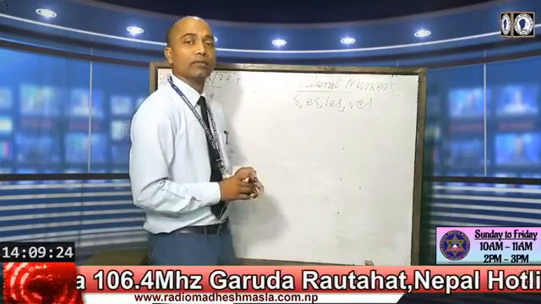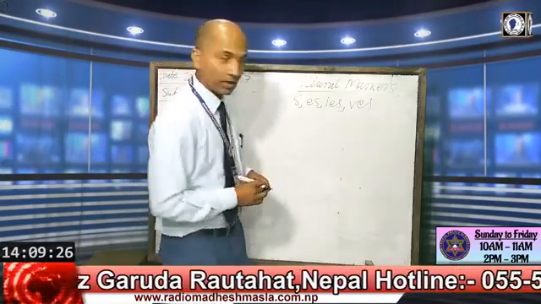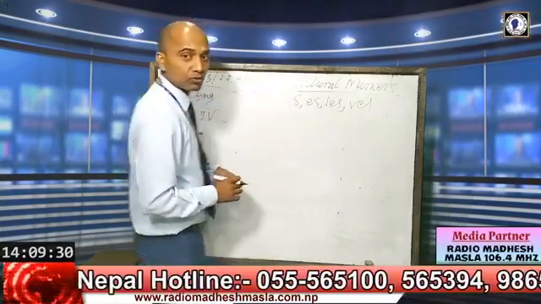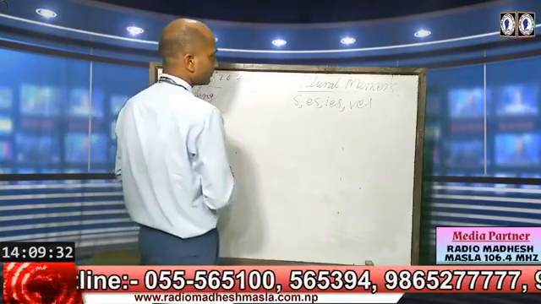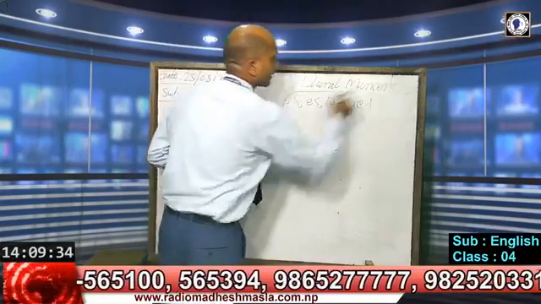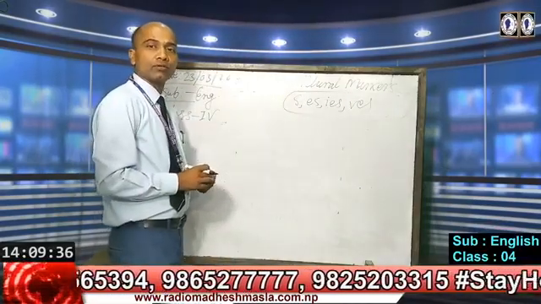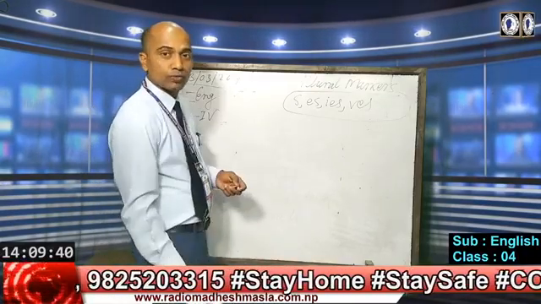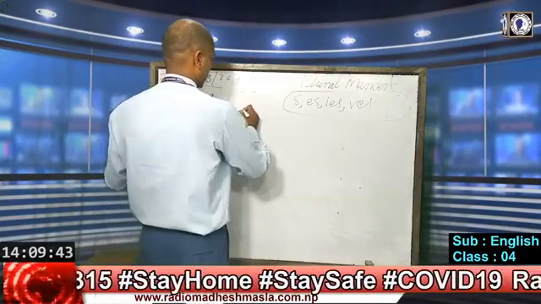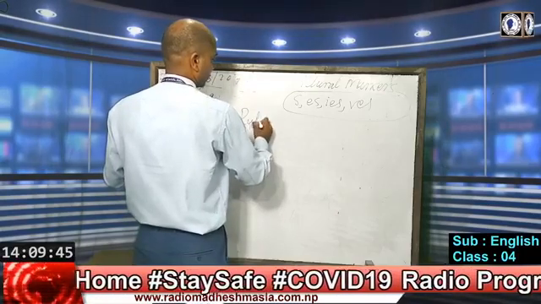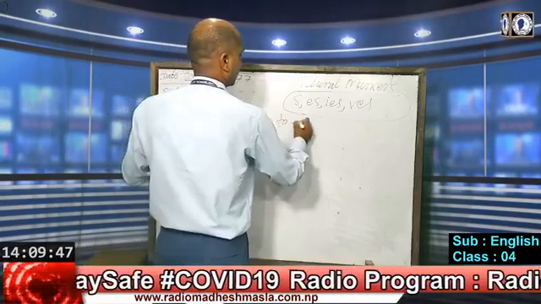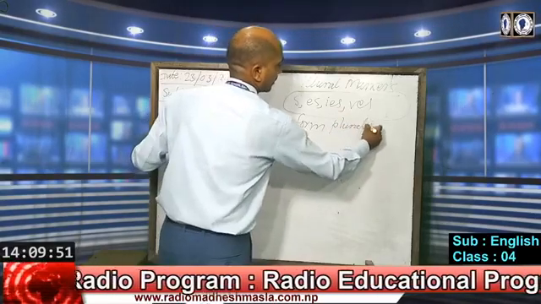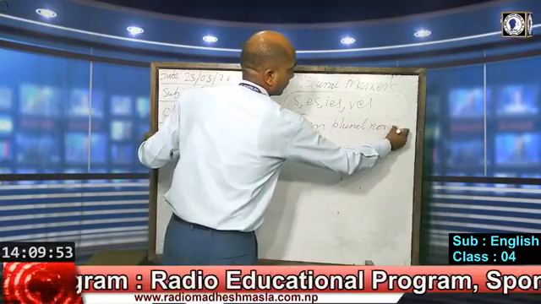But there are some irregular nouns also which do not take these plural markers to be plural. So these plural markers are used to change the singular into plural noun. So here are some rules to form plural nouns.